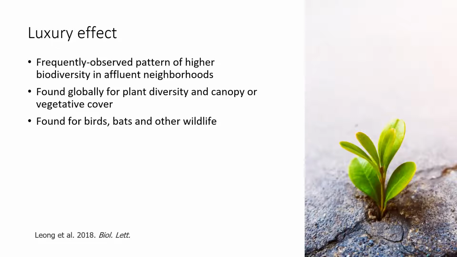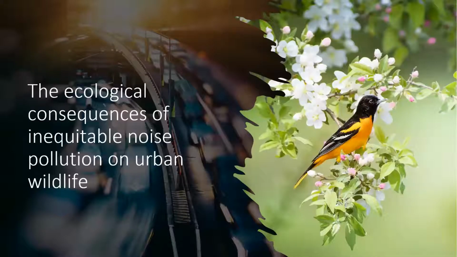And what my lab's really interested in is understanding the impacts of inequitable noise for urban wildlife. So how does this inequitable distribution of noise impact urban biodiversity? Especially because there are many well-documented effects of noise pollution on everything from animal reproduction, animal survival, animal behavior, and other aspects of ecology. So that's what we're working on now.